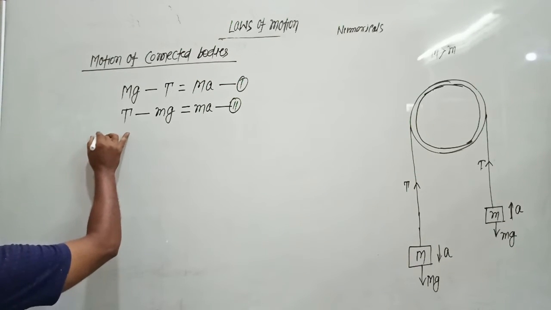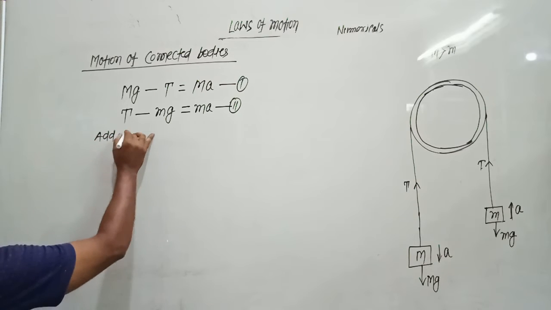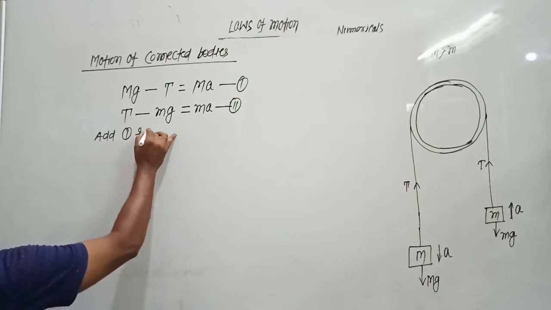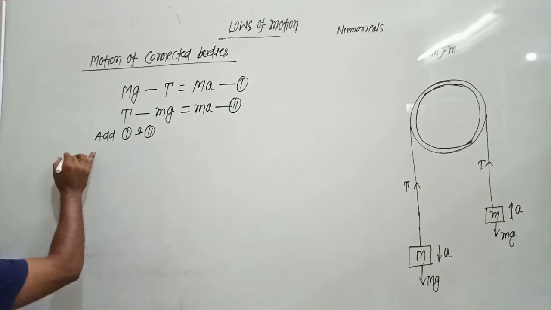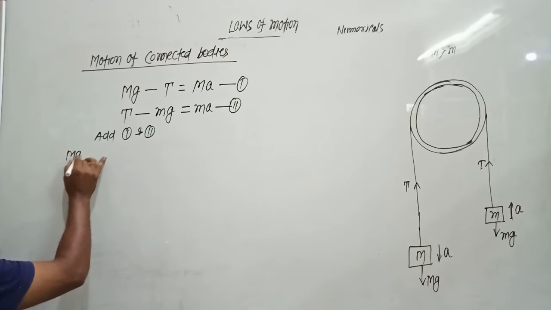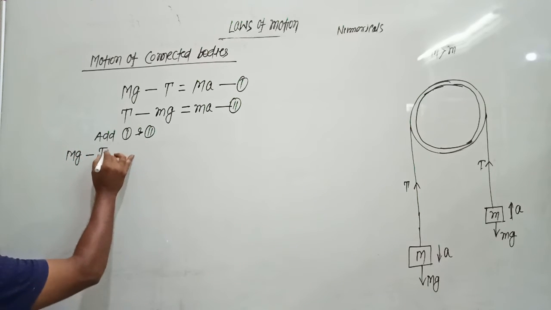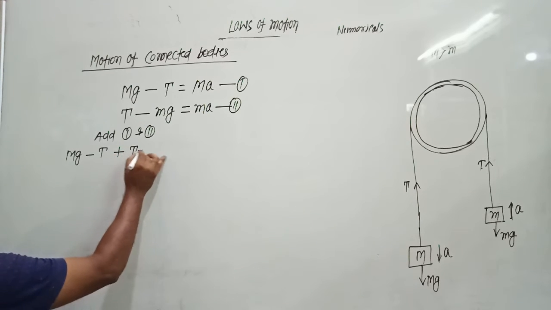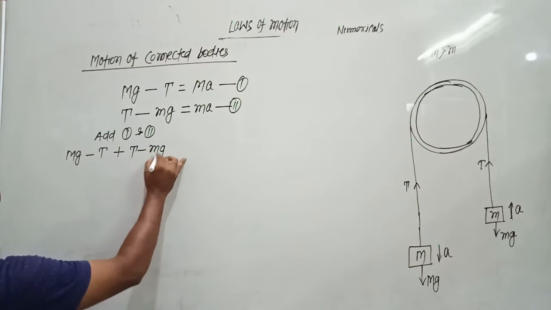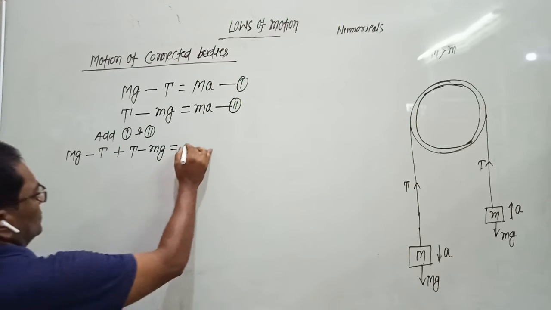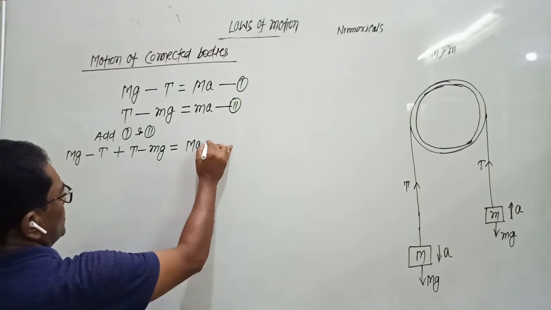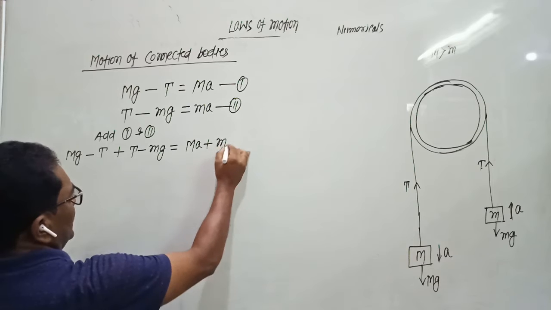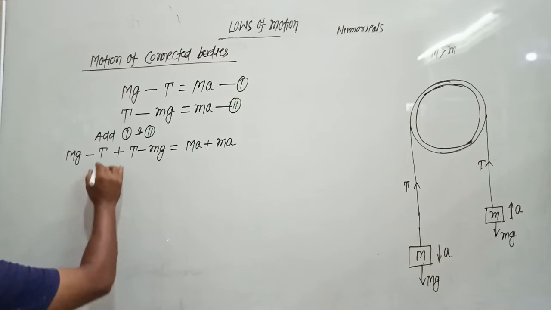Adding equation first and second: Mg minus T plus T minus mg equals capital M into a plus small m into a.